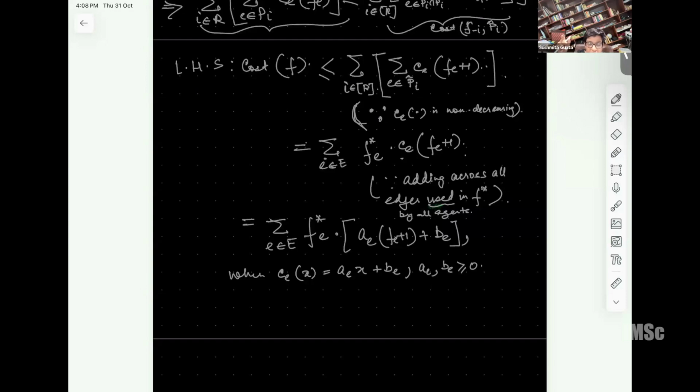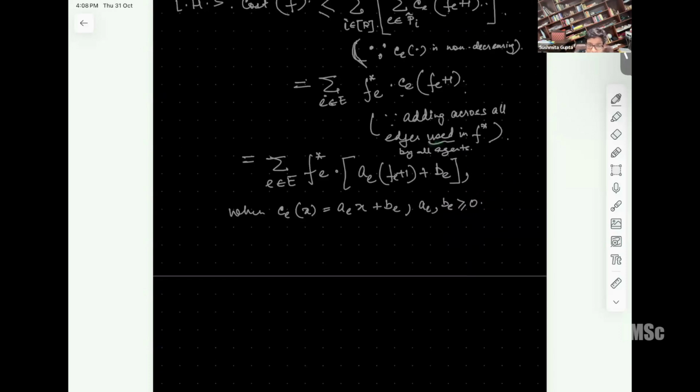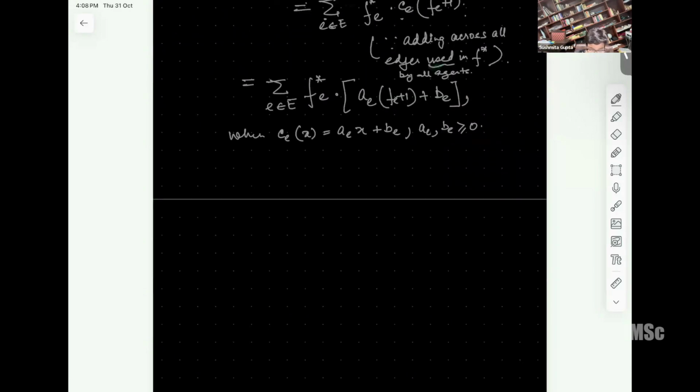When I'm traveling on a path, how my time gets delayed edge by edge, that's where my cost adds up. So basically we have analyzed this expression as much as possible, all the way down to this edge. Now we have to use some property about the cost function itself vis-a-vis this f star e and analyze it. Okay, so that's the point here.